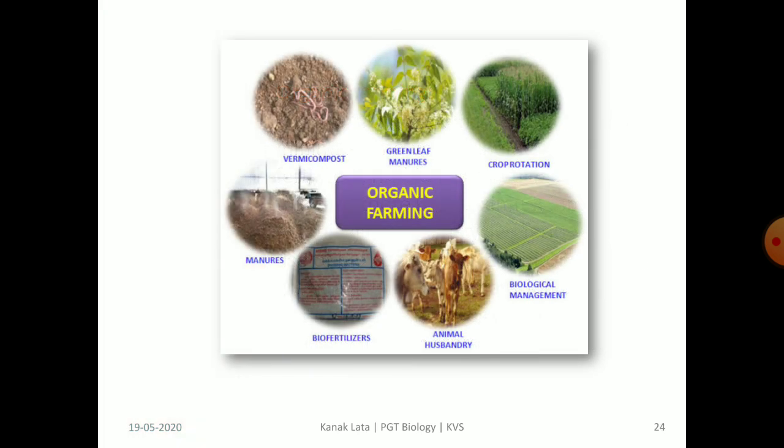Given figures show how organic farming can be achieved. It can be achieved by using green leaf manure, crop rotation, biological management, animal husbandry, use of biofertilizer, use of manures, use of vermicompost, etc. So these are the different ways by which we can achieve organic farming.